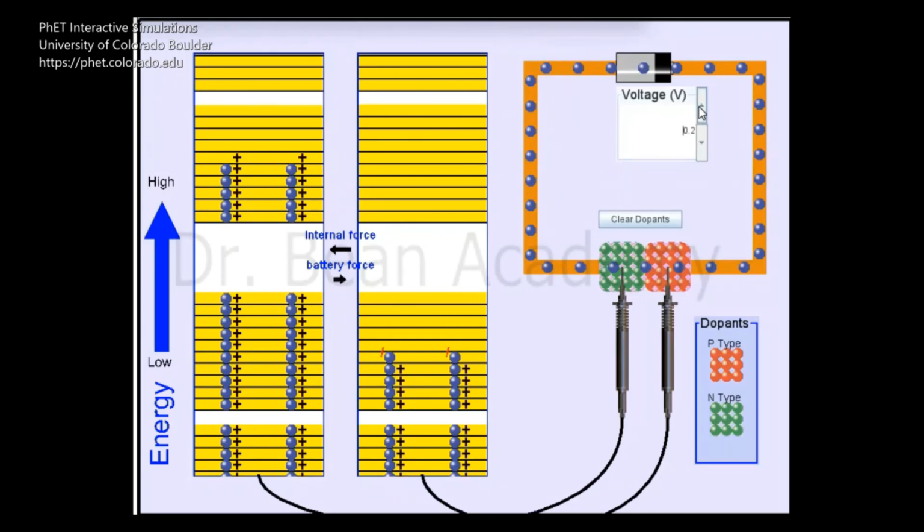So now see, the battery force is increasing here, and the internal force which has been built up because of the p-n junction is there. So I have to apply a voltage to surpass the internal force, or the potential difference produced by the potential barrier, 0.4, 0.5. Okay, now I can see something is happening, because now the internal force is almost 0 and the battery force is greater.